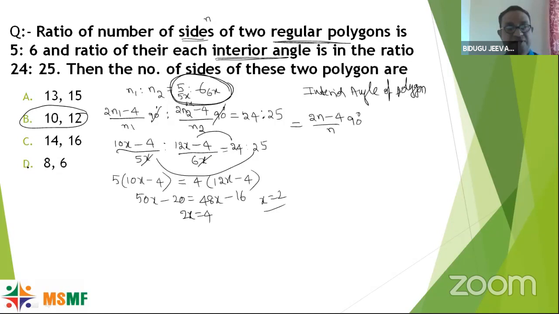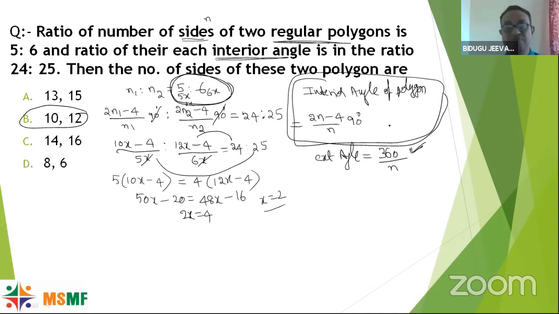Yes, very good. Hope you understood this problem. In this problem, this plays a very important role. So remember this, the interior angle. So let me write the exterior angle. The exterior angle of this one is 360 by n. Kindly remember this one also. If you add everything, exterior and interior, the sum is nothing but 180.